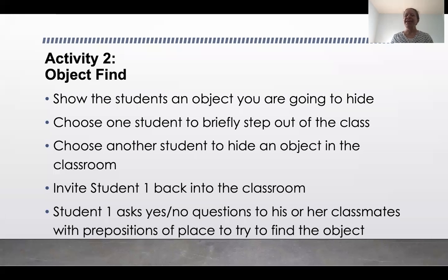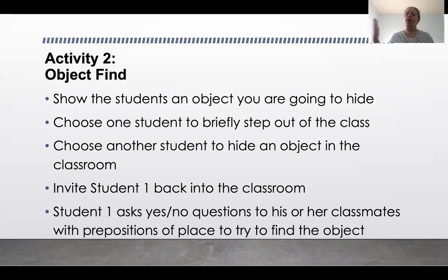Okay. In this game, we start with an object that we're going to hide. So Alta has an object with her today, and we're going to choose a participant to briefly step out of the room. While he or she is out of the room, another participant will hide this object in the classroom.